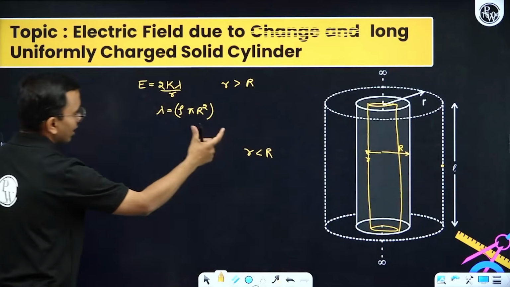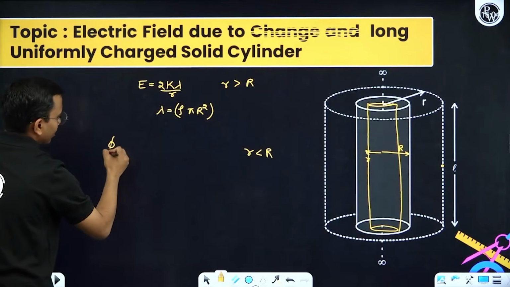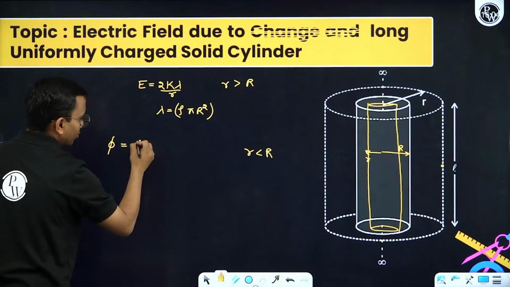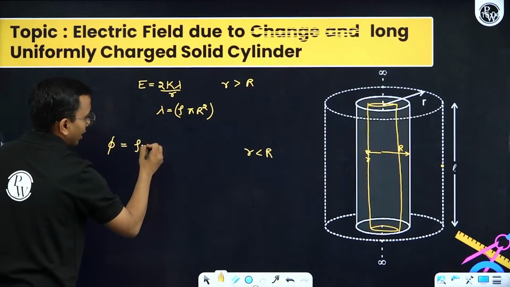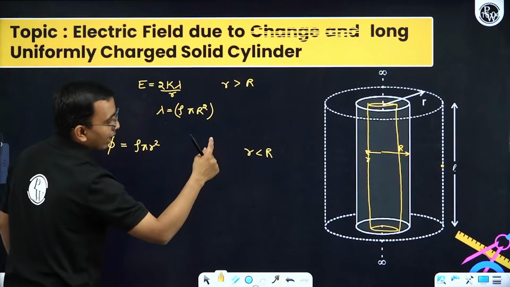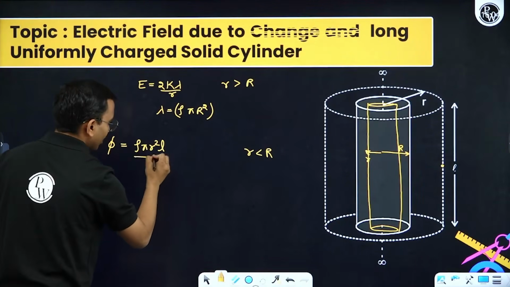For this Gaussian surface, the total flux is equal to Q enclosed, which is charge per unit volume times pi r square times the length L, divided by epsilon naught.